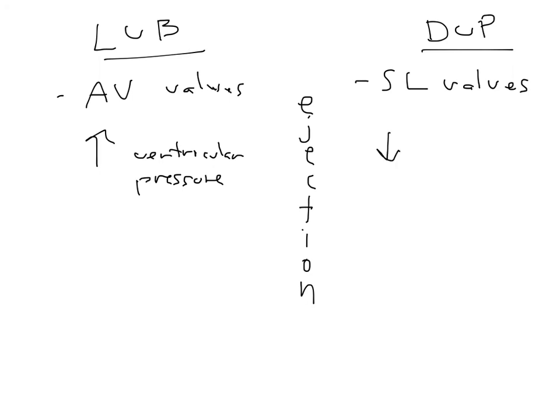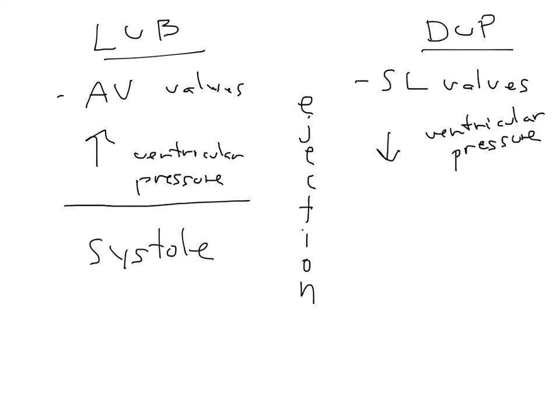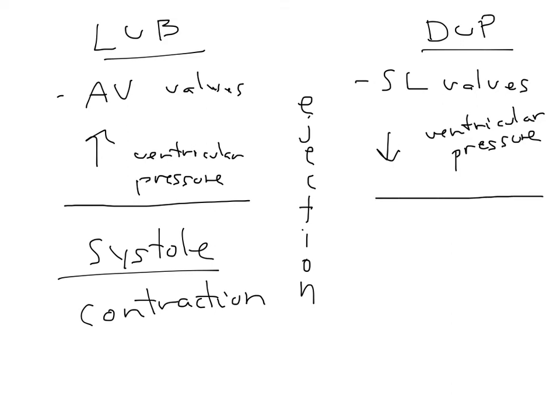So this is due to a decrease in ventricular pressure, which prevents that blood from backing up from the aorta and the pulmonary arteries into the left and right ventricles, respectively. This increase in ventricular pressure marks systole, or ventricular contraction. And the reduction in pressure marks the event called diastole, or ventricular relaxation.